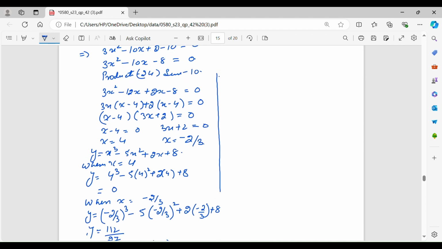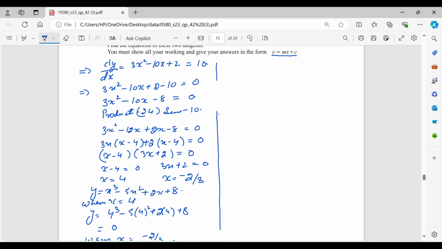Now, for the equation of the line, when x is equal to 4 and y equal to 0, then 0 equal to our gradient 10 into 4 plus c, so c will be equal to minus 40.